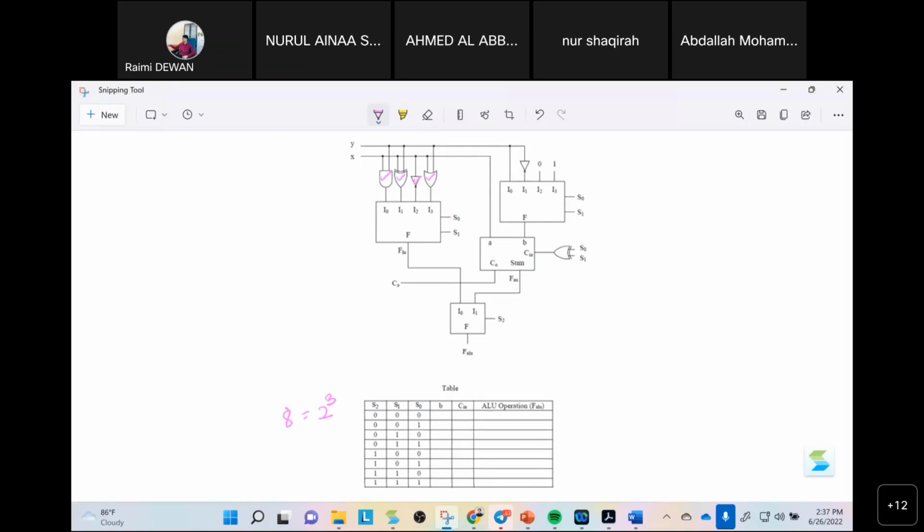Okay. So let me go for 0, 0, 0. 0, 0 means you have 0 here, 0 here, 0, 0, 0, 0. Where's the other one? 0 here. Okay. So B and C in, where is B? B is here.